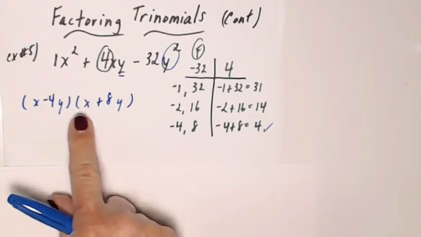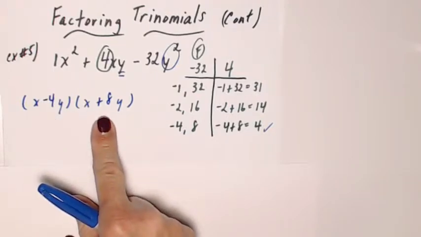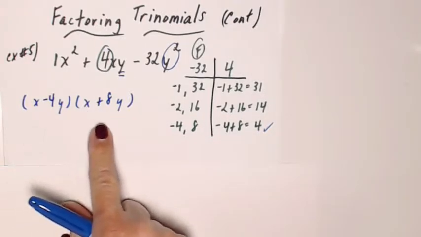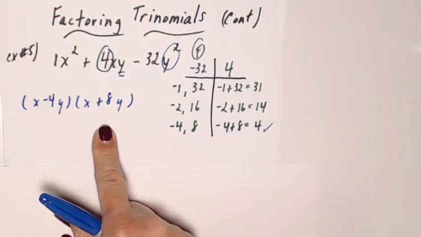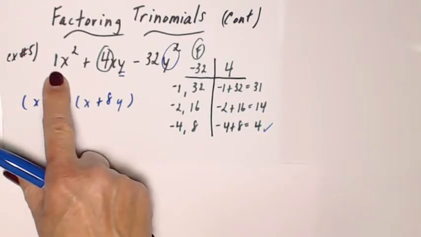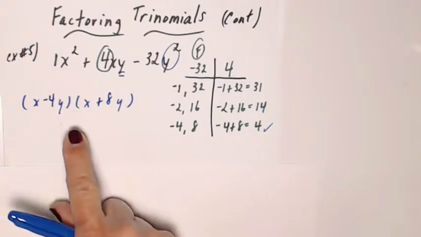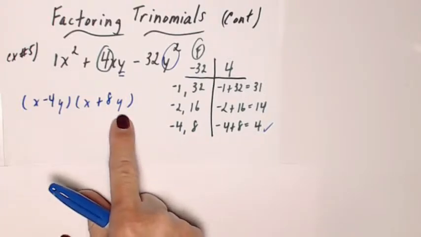So here are our factors as they look right now. We know from previous examples that when we get to this stage, what we have to do is go back to our original trinomial and take a look at the coefficient in front of this x squared. This is the number we're going to use to divide here and here.